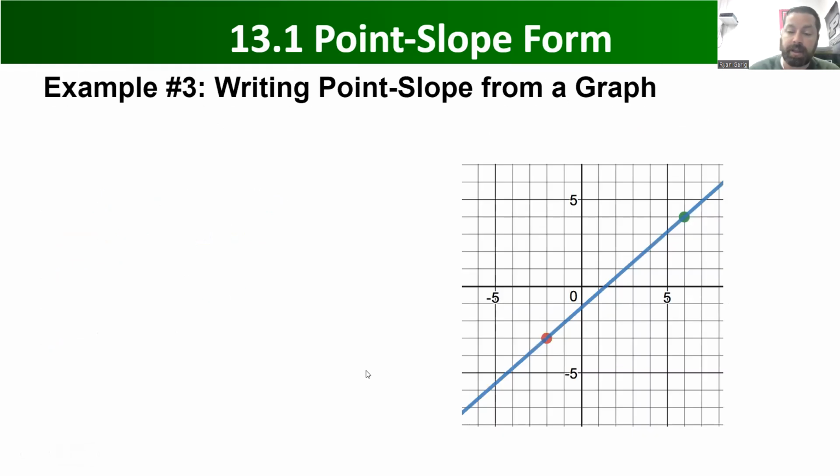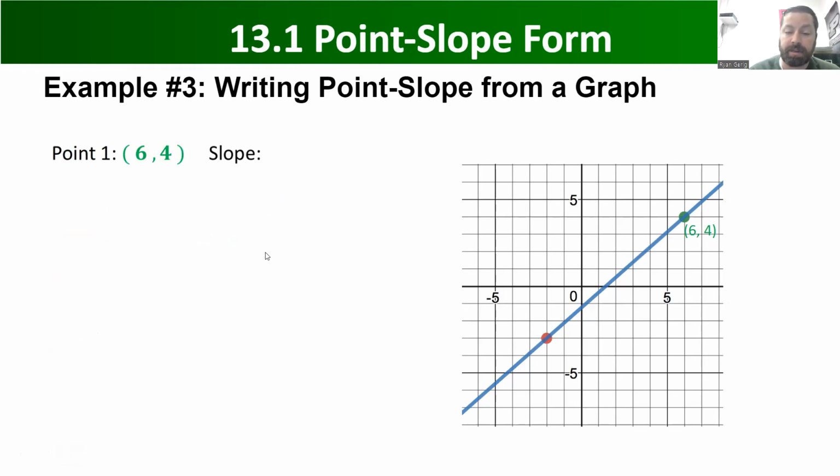Here's another example that I'm going to prove that point. It looks like this one's going through negative 1. But is it? So let's do point-slope to find out. The point that we're going to choose, we can choose either one. We could choose the red point or the green point. If I get to choose, I'm going to take the one that's got positive values. So that's going to be the green point, 6, 4. So we'll write that down. Now I've got to find my slope.